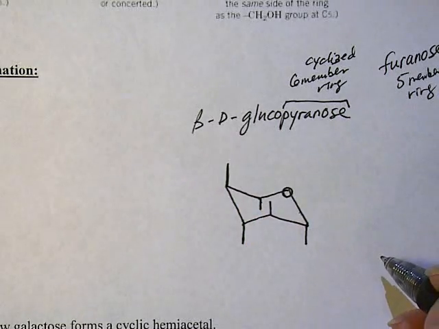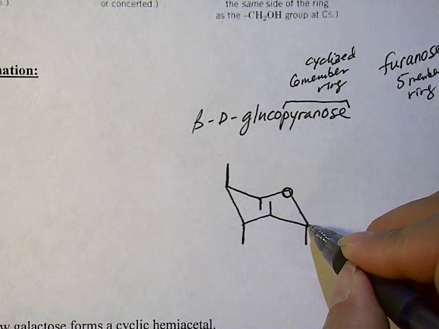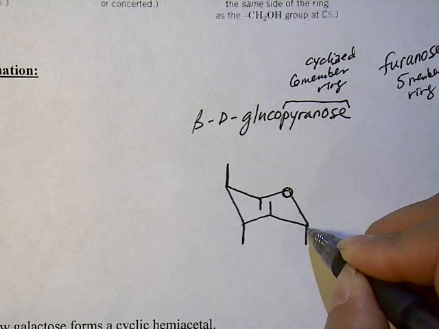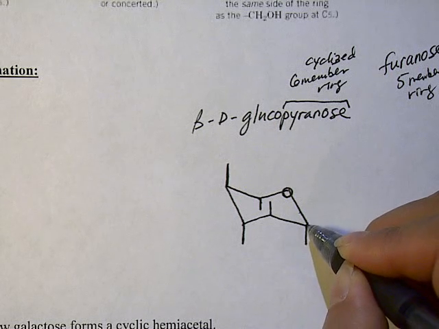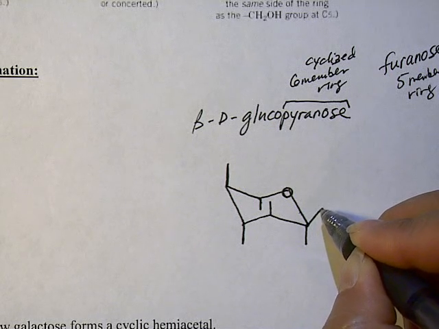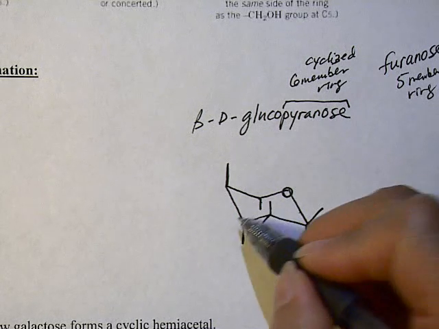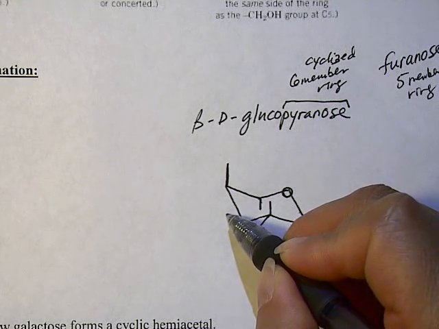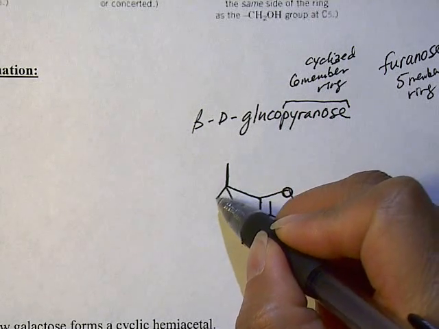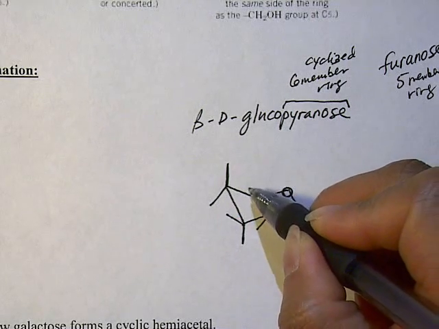Those are your axials. And then you're going to draw your equatorials on each of the carbons. If you already have a down axial, then your equatorial is going to be pointing up, which means that this is going to be pointing down, this is going to be pointing up, this is going to be pointing down, and this is going to be pointing up.